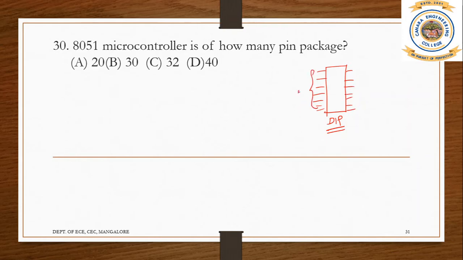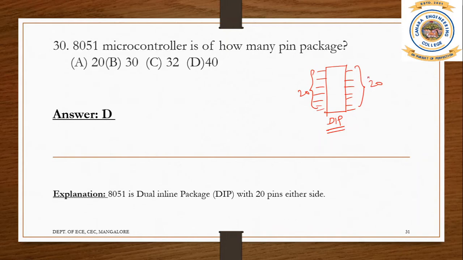Here you have 20 pins, and on the other side also 20 pins. So in total you have 40 pins in 8051. This diagram will help you remember how the pins are distributed, and you should know this, because this can also be a question. Dual inline package, DIP.